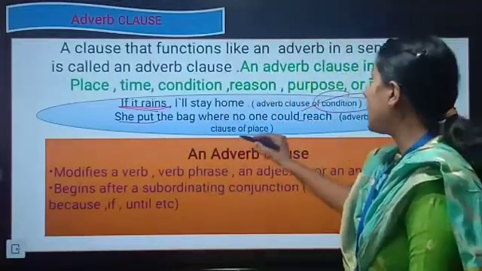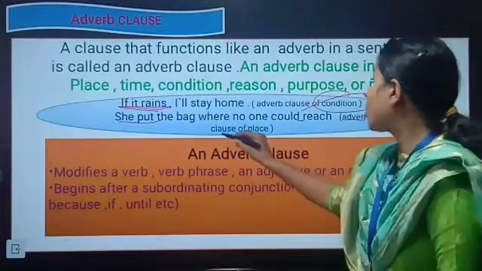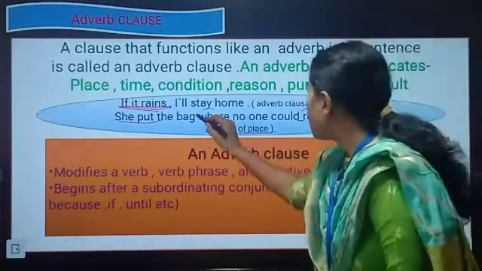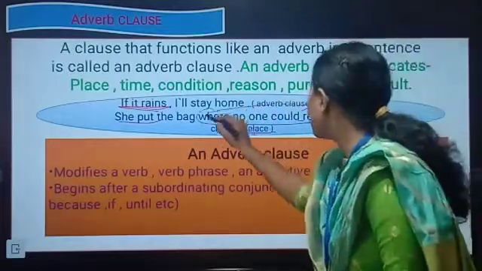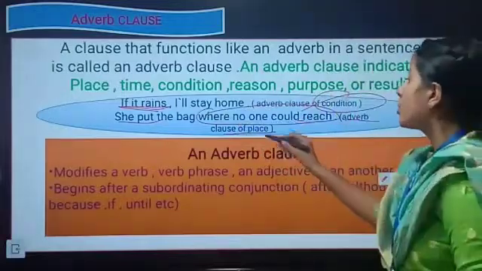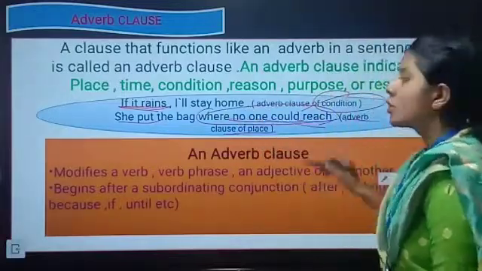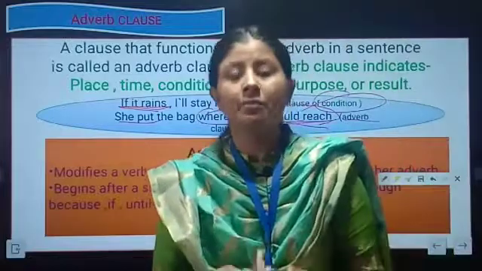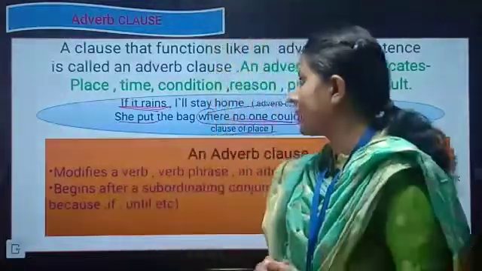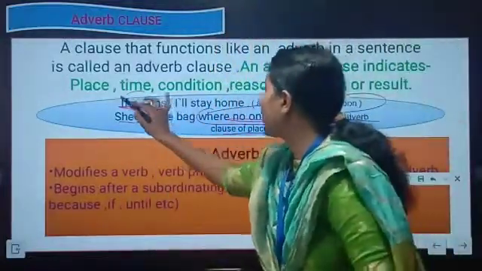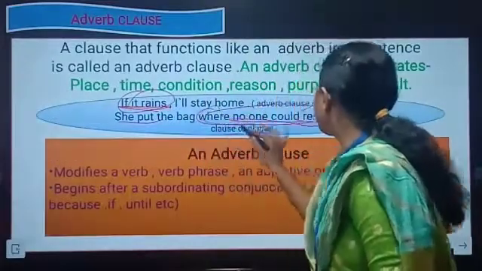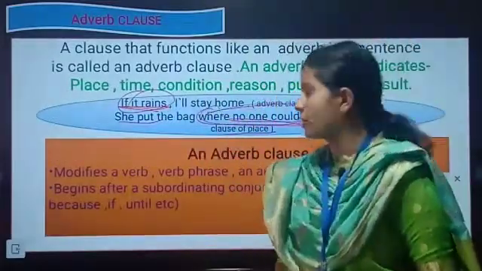Here you can see that it is the adverb clause of place, where it is written that where no one could reach. So this is the place. So we can say that this is the adverb clause of place. Here 'if it rains' is the clause and this is the adverb clause.